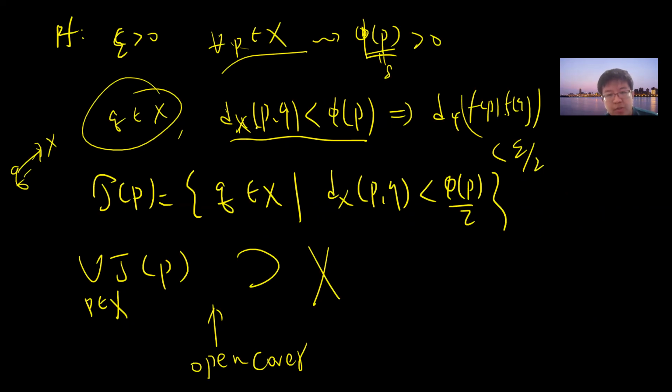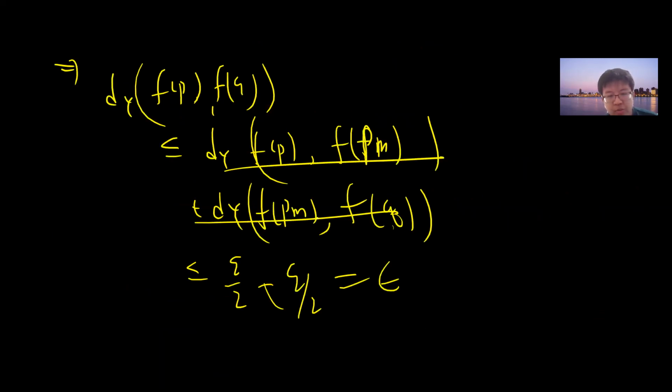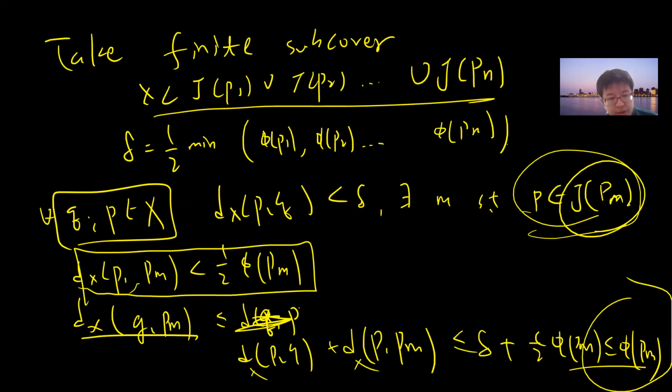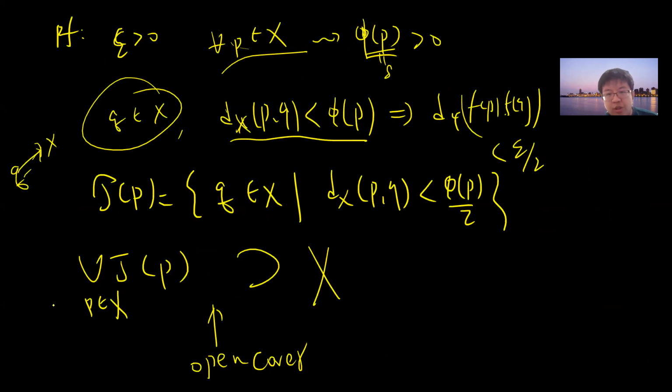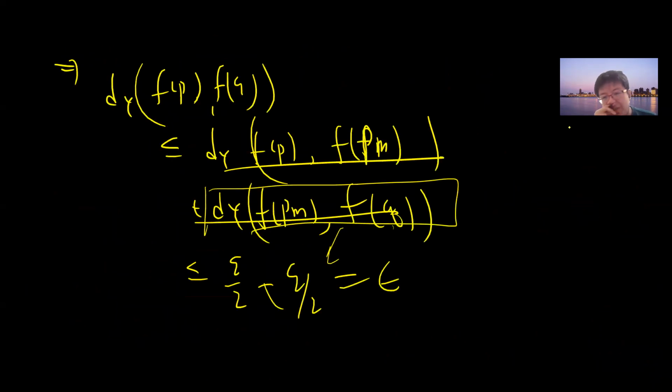So these are less than epsilon divided by 2, and f(p) and f(pm) are also less than half of phi(pm). Using the previous definition, you get two times epsilon divided by 2, so the sum will be epsilon. So this is correct.